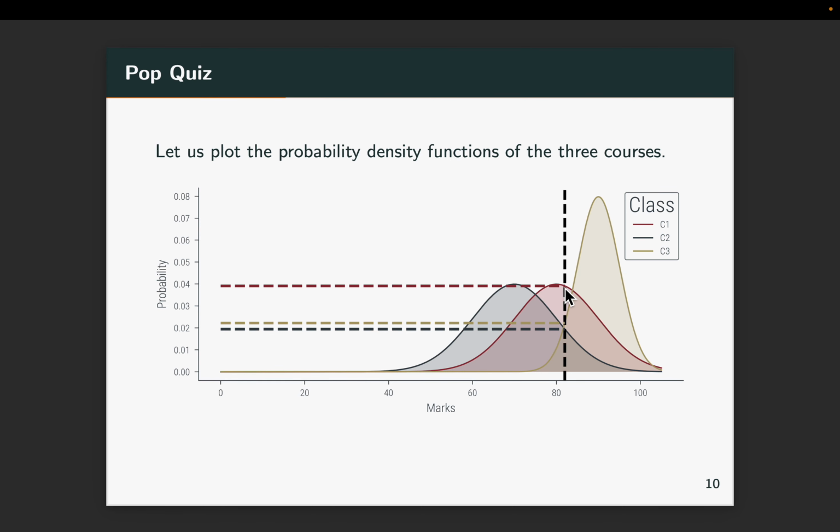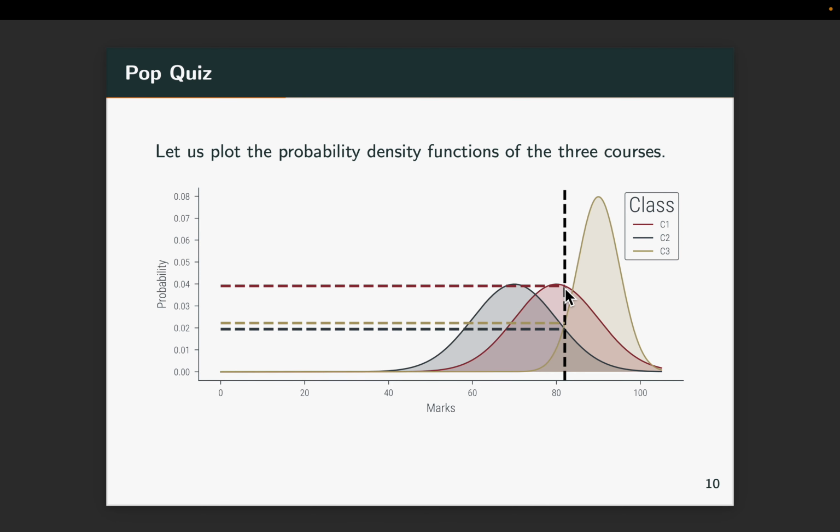The student is most likely from class C1 because the density is highest at C1, or the likelihood of observing 82 marks from class C1, which corresponds to mu 80 and standard deviation 10, is the highest, right? Let me repeat that.